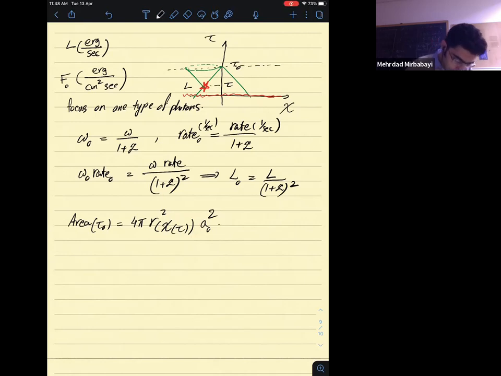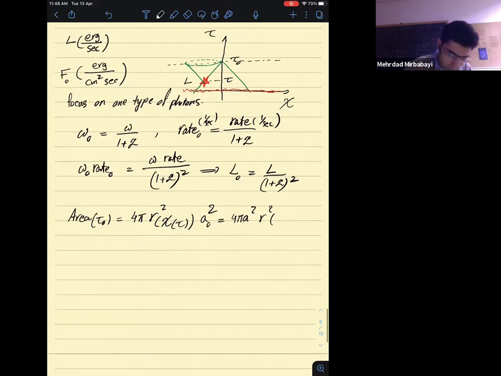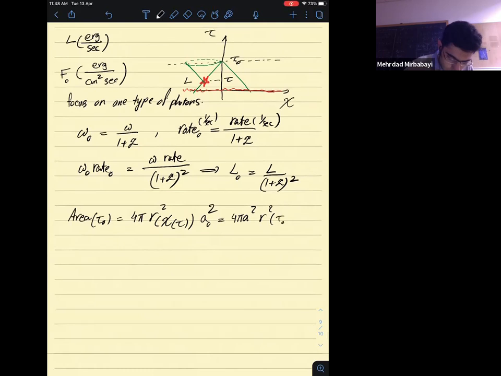So what is chi of tau? Since we are in conformal coordinates, chi of tau is simply tau naught minus tau. So therefore, the flux at time 0 is just L, the original luminosity, divided by 4 pi a naught squared r squared evaluated at tau naught minus tau, times 1 plus z squared.